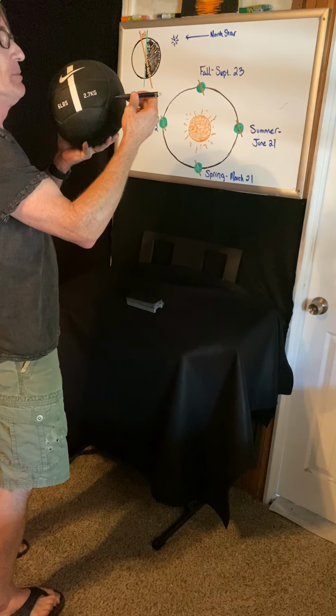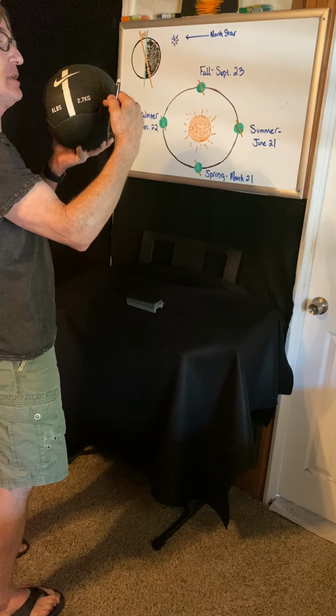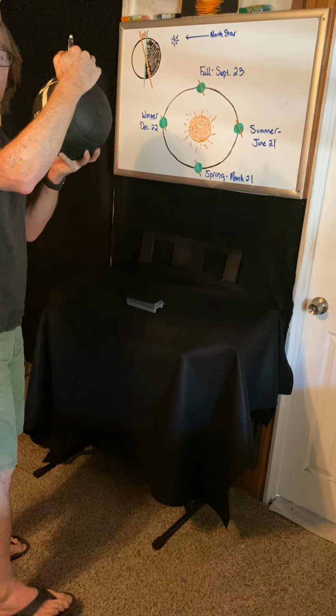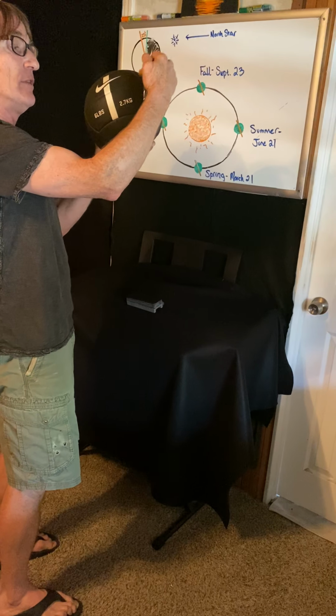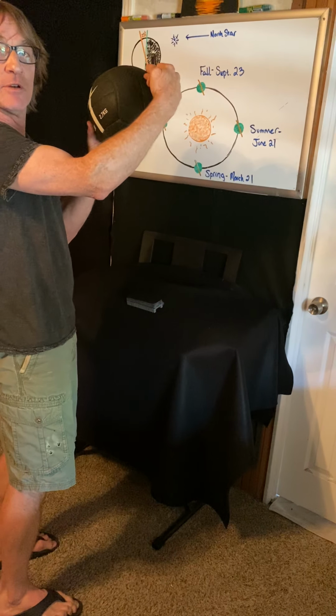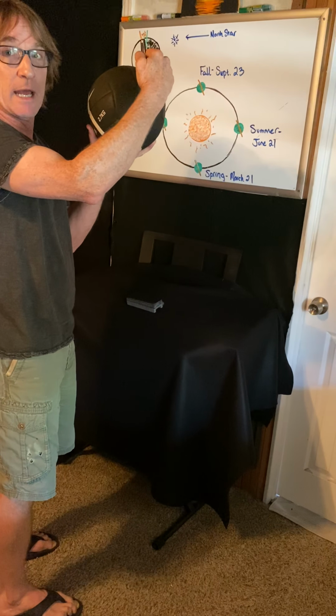Okay? So because the light is not as direct up here as it is here, the people on the northern hemisphere at this point around the sun are not experiencing as much heat because the sun's rays are not as direct.